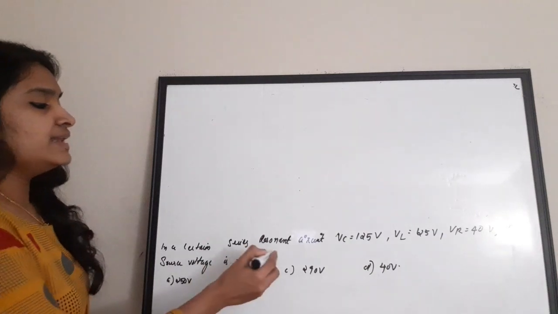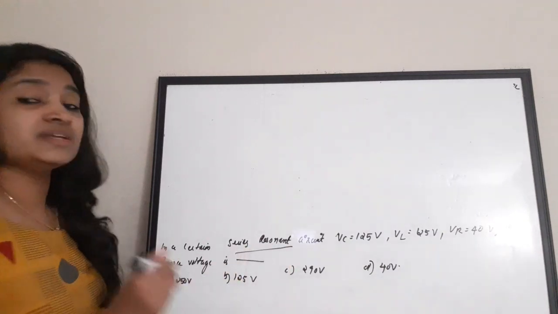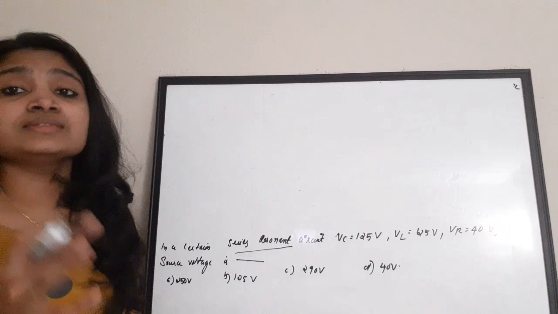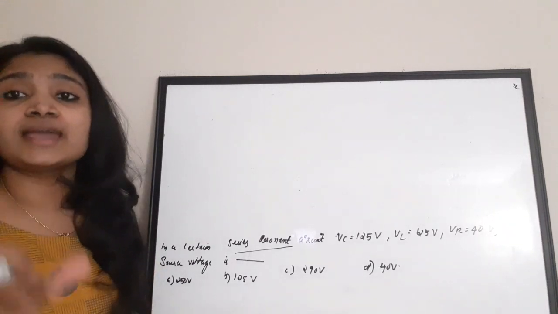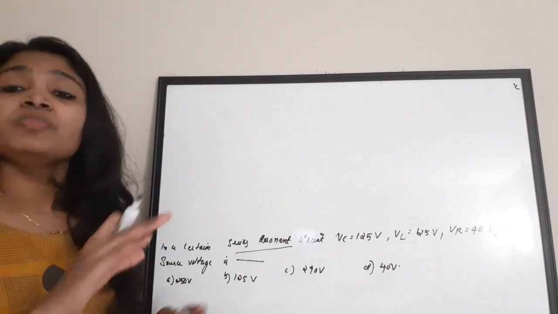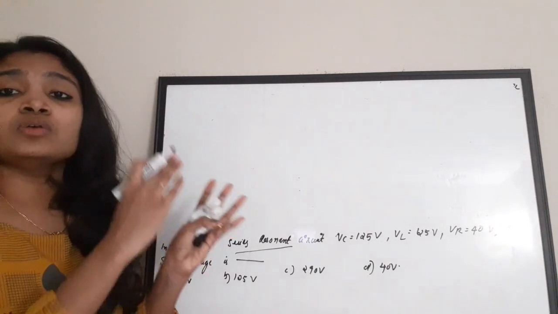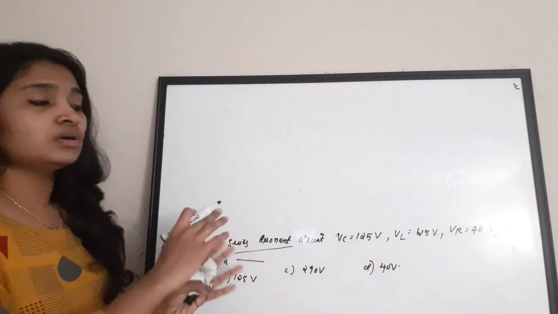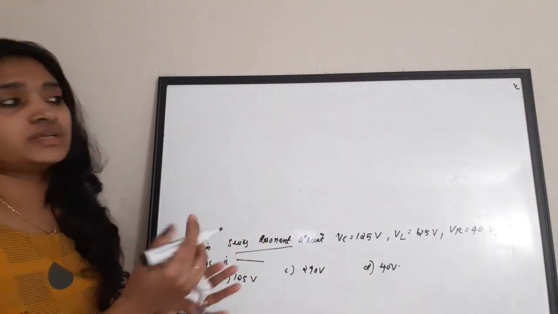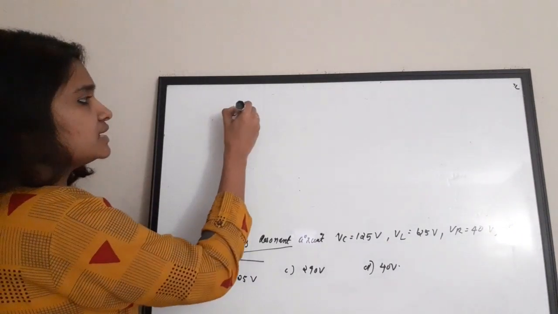In a series resonance circuit, the circuit is in resonance. And when the circuit is in resonance, the source voltage will be equal to the voltage across the resistance. So this is the condition at resonance.